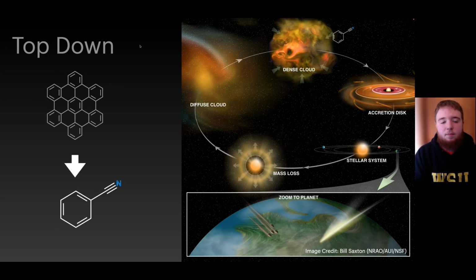But then as those larger molecules get bombarded by the immense amount of radiation that is also released by the supernova, those large molecules get broken down into basic aromatic molecules such as benzonitrile. We believe these molecules then formed clouds, and those clouds then, over millions of years, formed stars, which then formed planets, and that's how we got to where we are today.